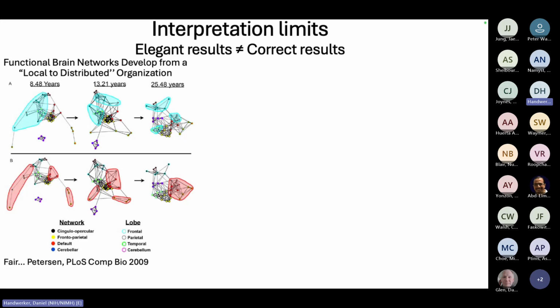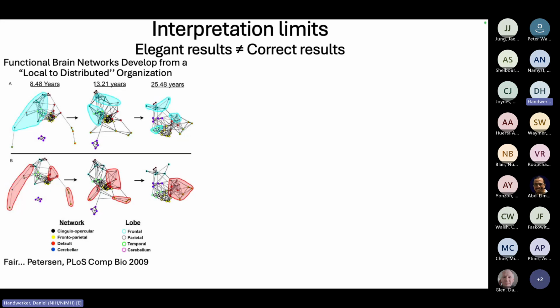And as an example of the sort of thing to keep in mind with these analyses, elegant results do not mean correct results. This is a lovely study from a while back where they were looking at resting state functional connectivity across aging. They showed that as people got older, these different networks became more local and distributed.